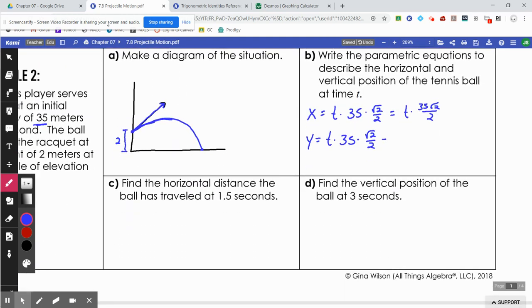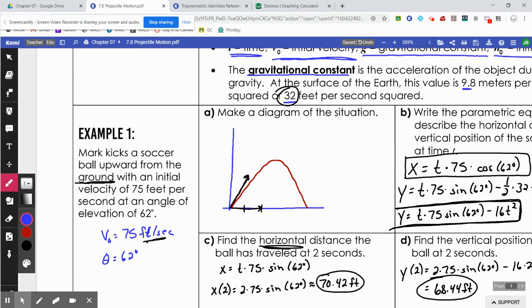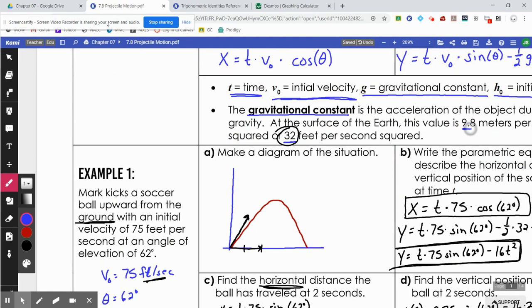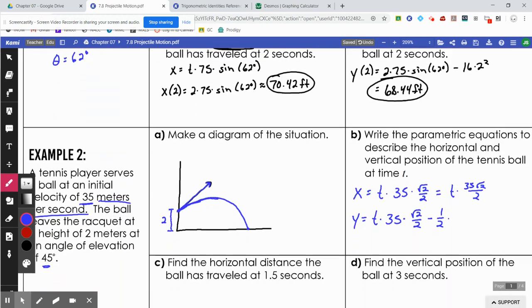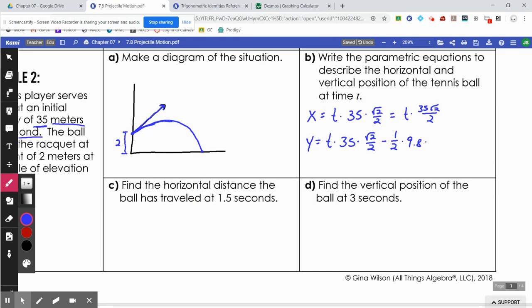So minus 1/2 times g. Now, since you are talking about meters per second, we're going to be using our 9.8 instead of our 32 since we're in meters. So let's do times 9.8 times t squared. And then it was plus h of 0, which was your initial height, which was 2.